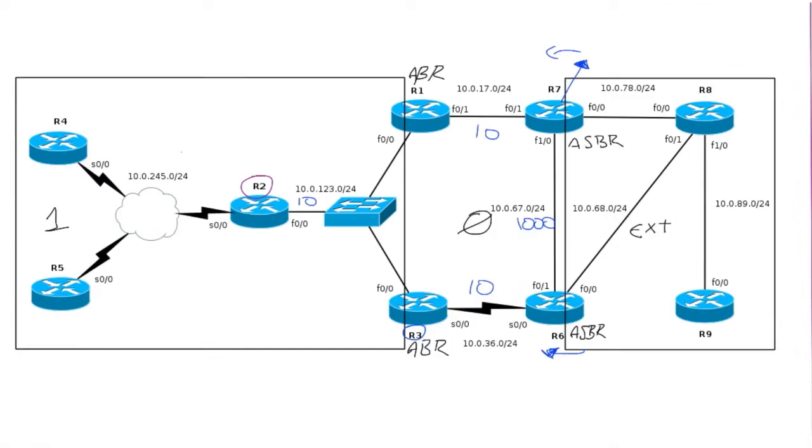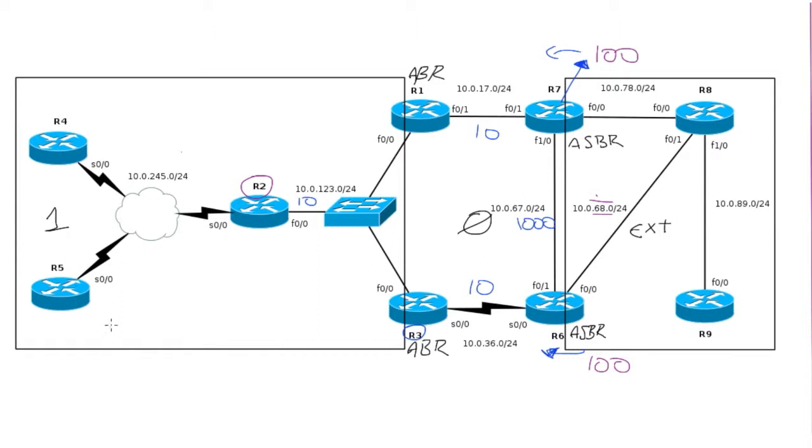If we look at our diagram, that's basically because we have the exact same cost. We're injecting that external information, which in this case is this link here, with a metric of 100, and if we look at the path, using R1 to reach R7, we have 20.